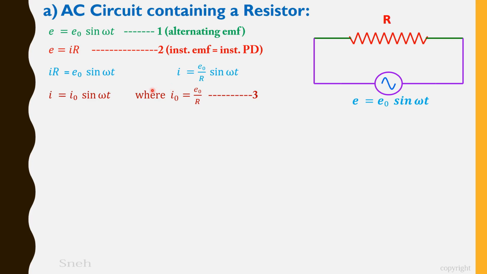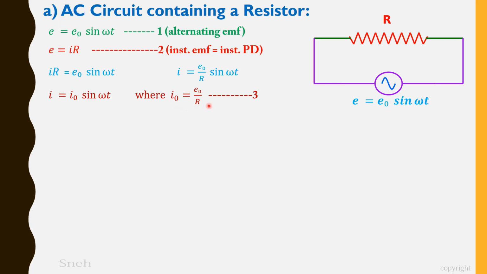So, as I is equal to I0 sine omega t, this I0 must be given by I0 is equal to E0 upon R. What it is giving me? Peak value of current is equal to peak value of EMF upon resistance. This equation is similar to Ohm's law.